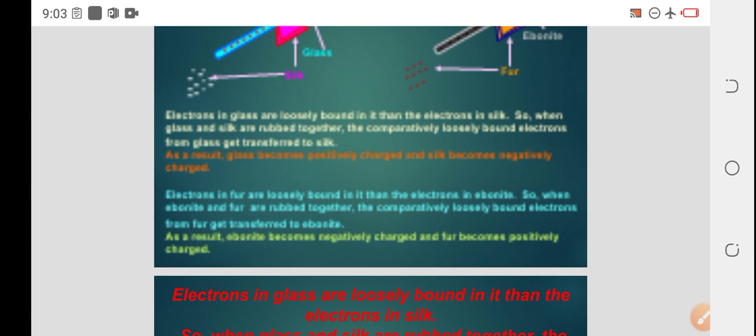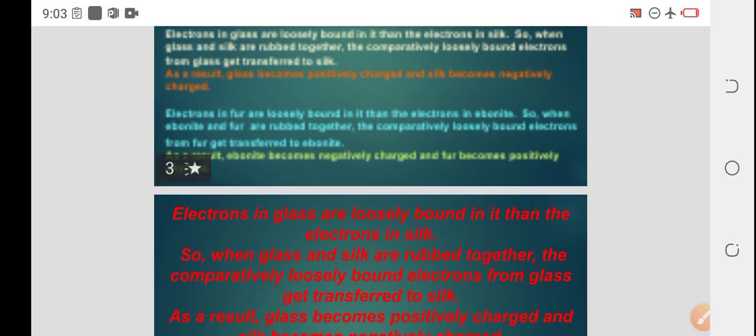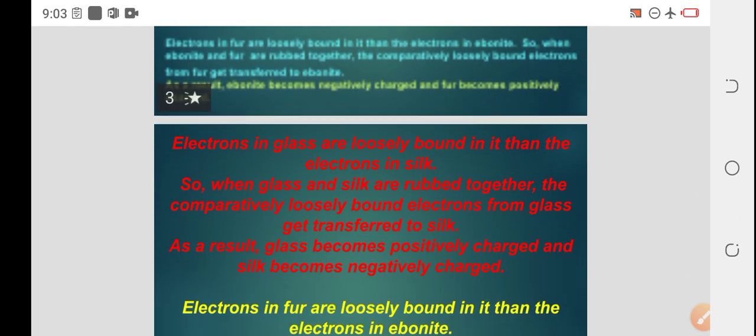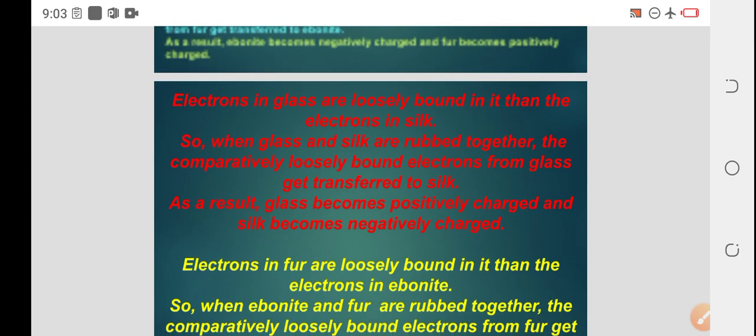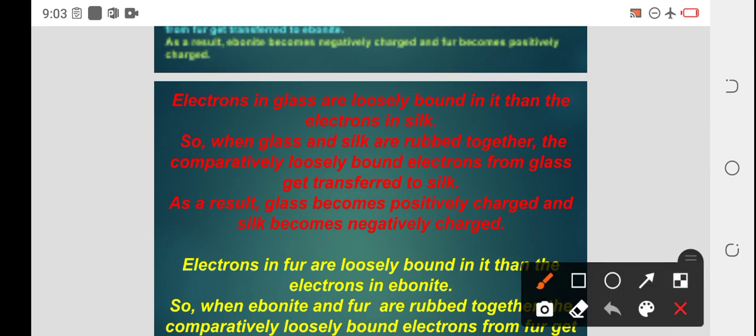Electrons in the glass are loosely bound. In silk cloth the electrons are tightly bound. In glass, loosely bound. In silk cloth, tightly bound.